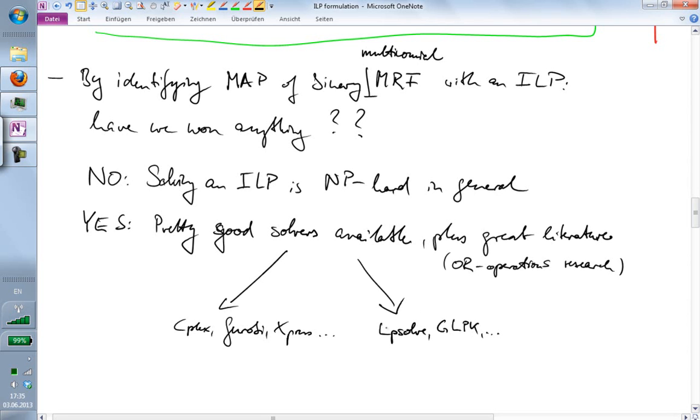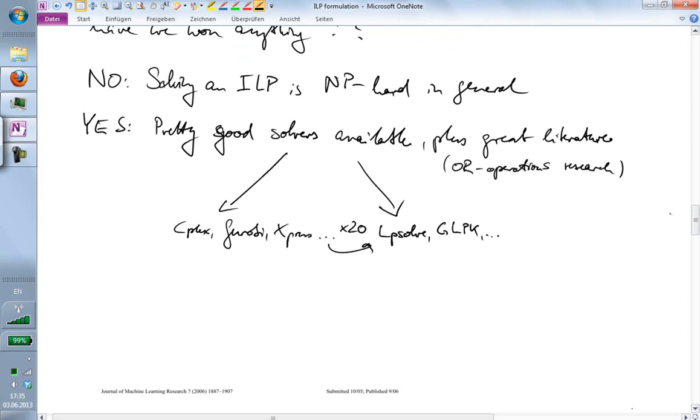And unfortunately, there is a factor of 20 or so in the running times in favor of the commercial ones. On the good side, some of these commercial programs allow free academic use. Okay, so it's so nice to be an academic sometimes.